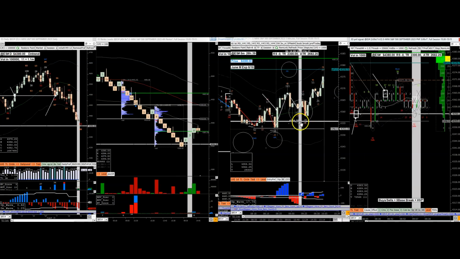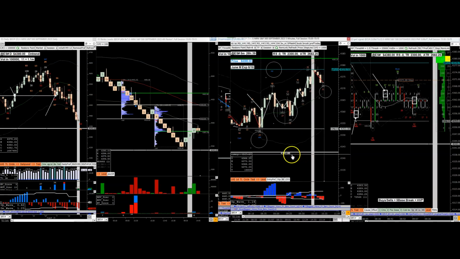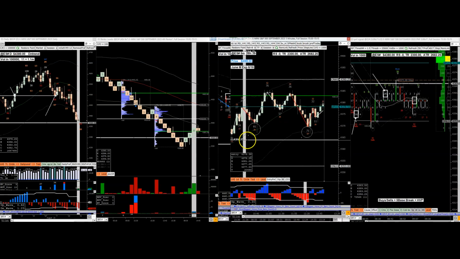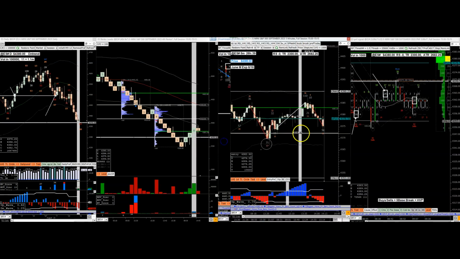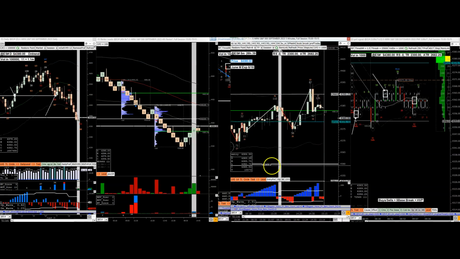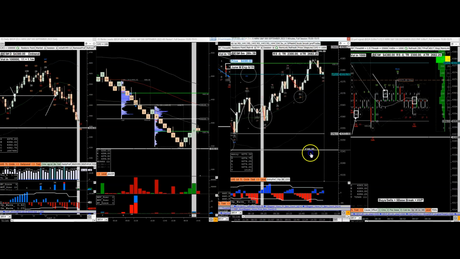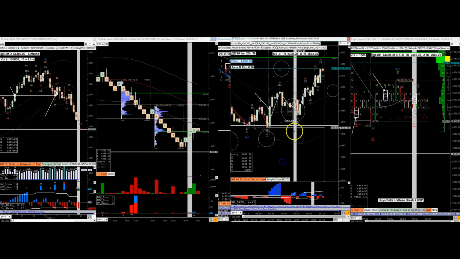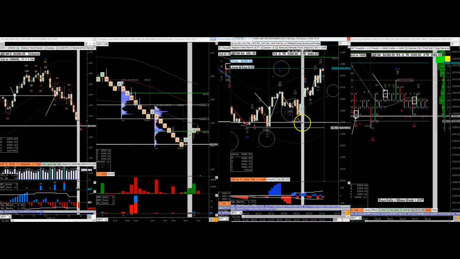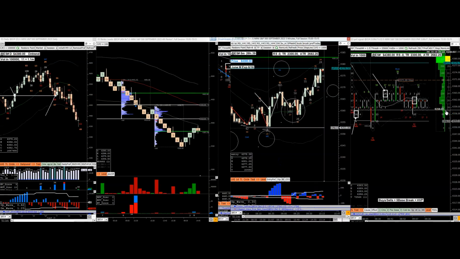That action right there basically set up this entire uptrend. That action in this here is your springboard area, which initiated the markup.